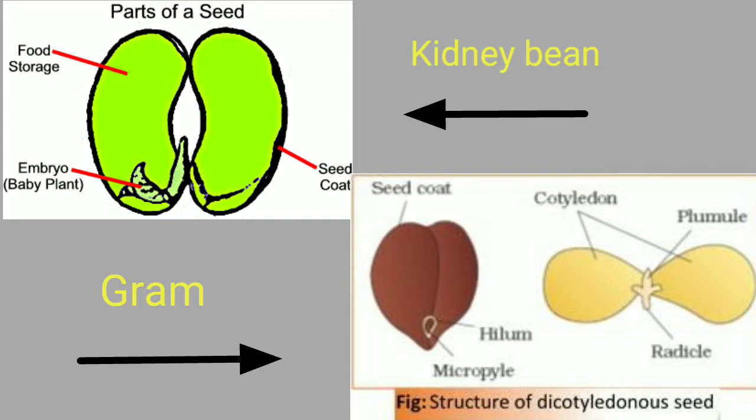Inside the dicotyledonous embryo, we find three important parts. One is the radicle, from where the roots develop. The other part, which is comprised of tissues, is called the plumule, and that gives rise to the shoot system of the plant body. And there is a bulged out region in the dicot embryo.